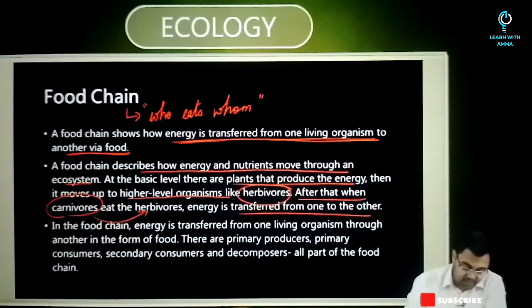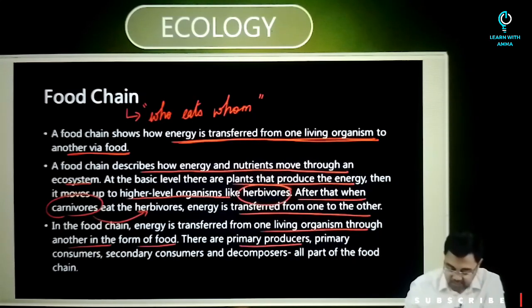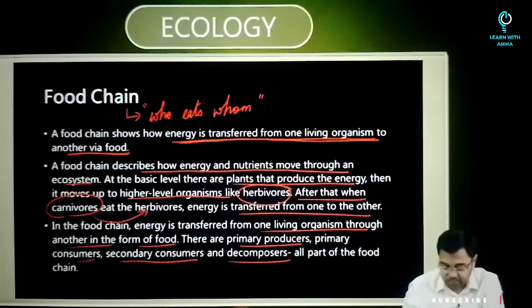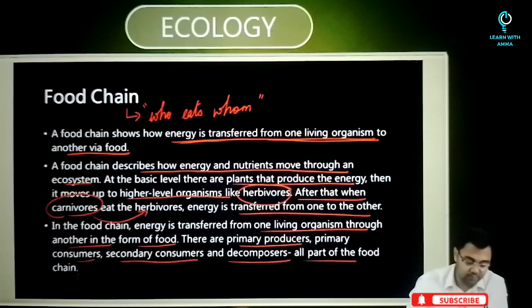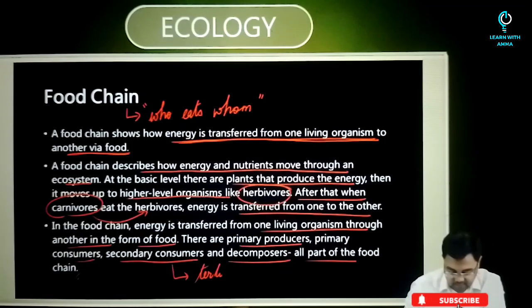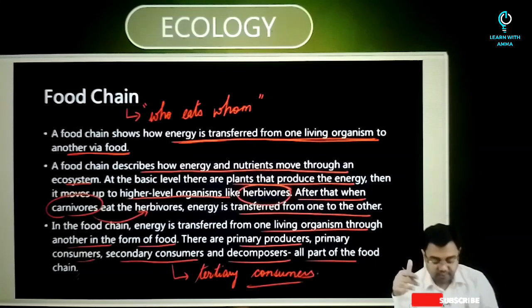So in the food chain, energy is transferred from one living organism to another in the form of food. There are primary producers, primary consumers, secondary consumers, and decomposers, all a part of the food chain. We also have another category called tertiary consumers sometimes. So this is what we see.